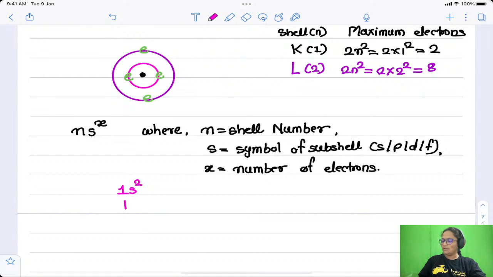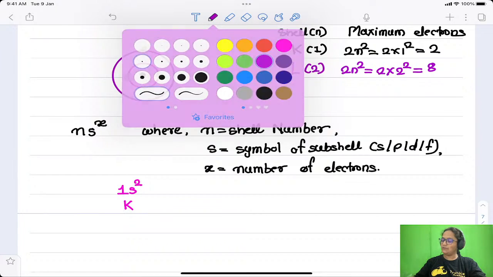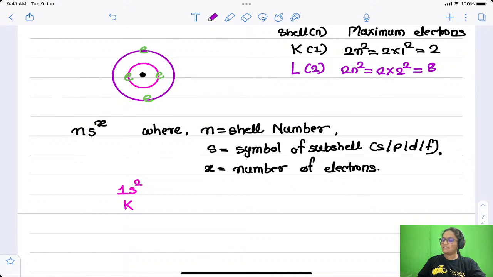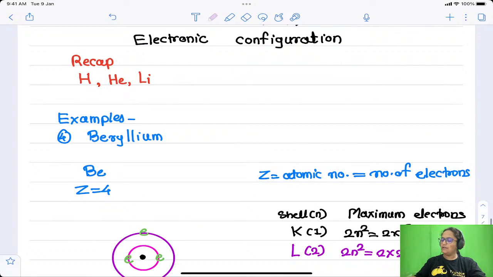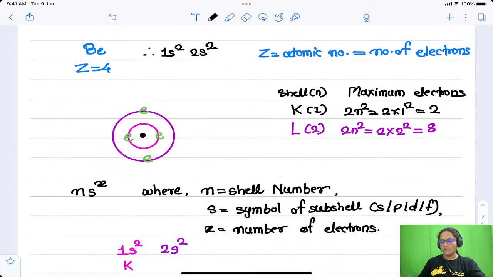Then for the L shell, n is equal to 2, the symbol is s and 2 electrons are present. So 1s2 2s2 is the electronic configuration of the beryllium atom.